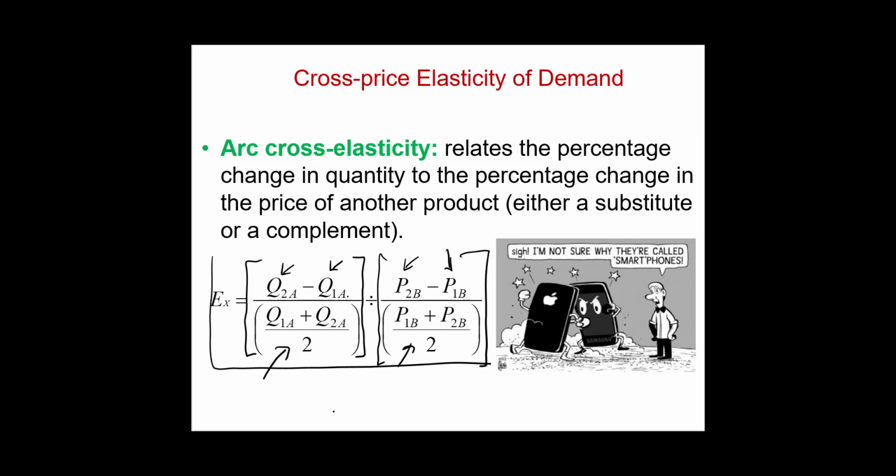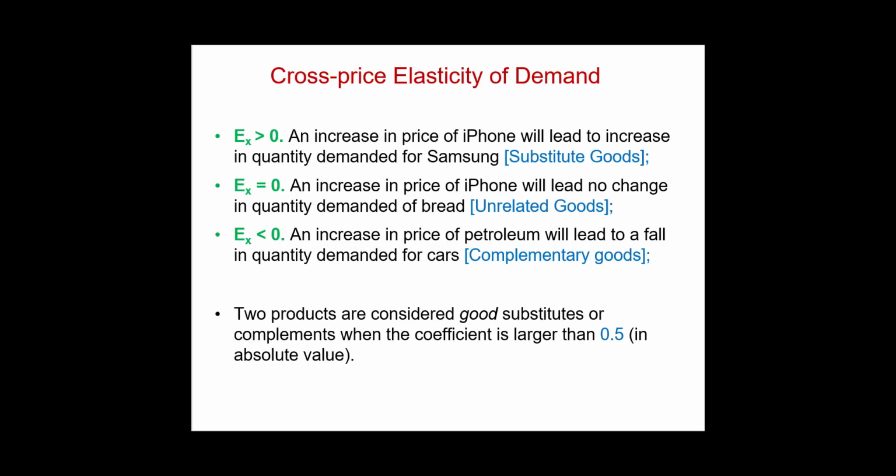Now the results of this calculation will tell us whether the two goods are substitutes or complements. We'll talk about the range of values that this cross price elasticity takes in this slide now. If the cross price elasticity is greater than 0, then we're looking at a positive value. Let's take an example.